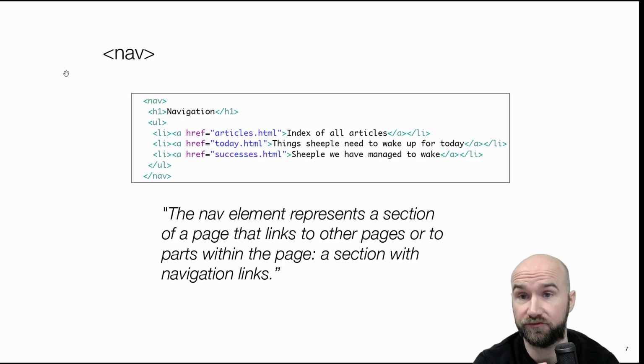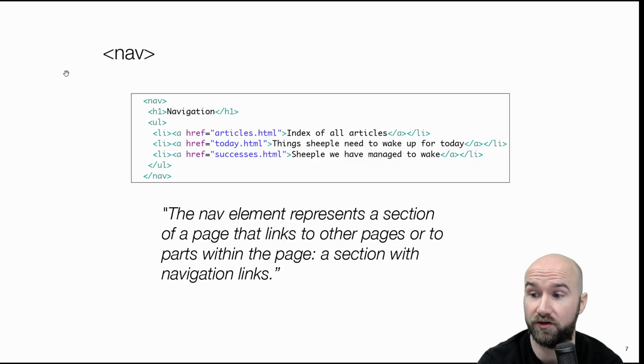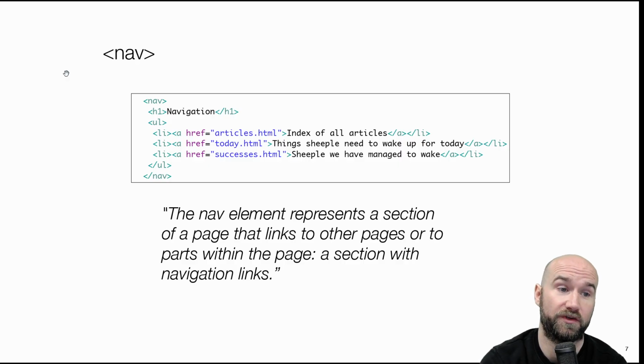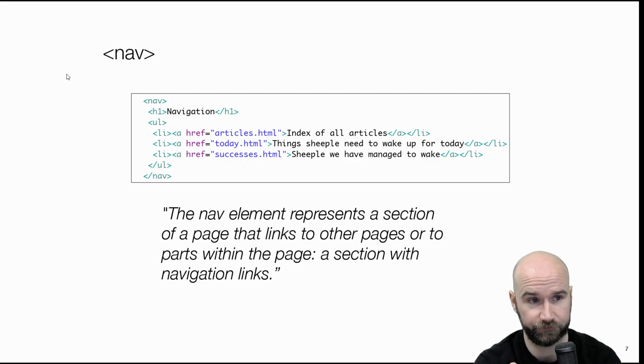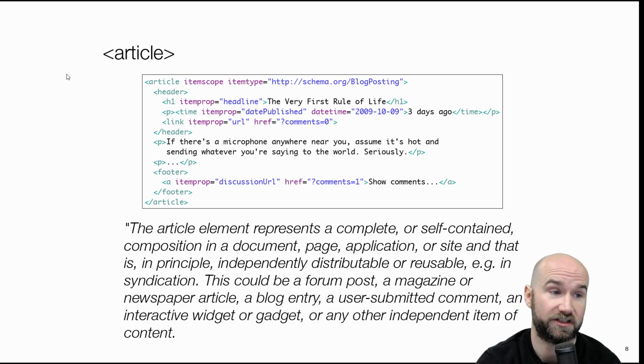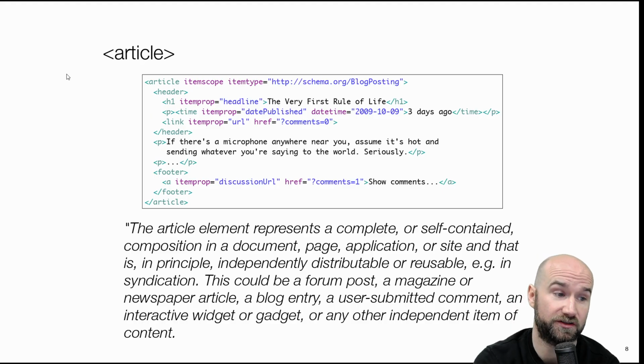So the nav element represents a section of a page that links to other pages or to parts within the page. We've had our navigation section with our list of links in there. We can now replace a div with a nav element. Article represents a complete or self-contained composition in a document.